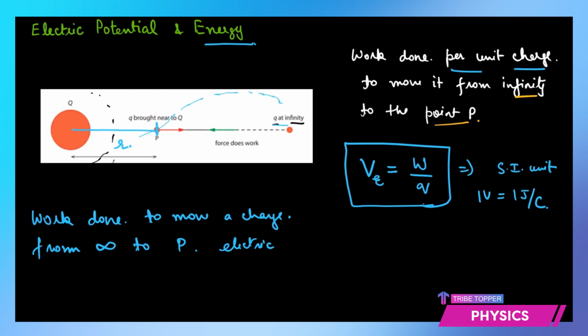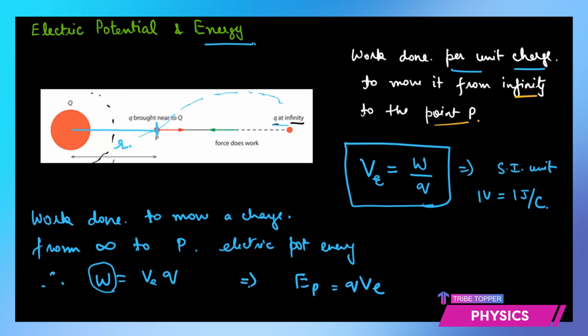That work done gets stored as electric potential energy. So therefore, from this expression, we get W, which is V_E times q, and we know the work done gets stored as electric potential energy. So E_P, the electric potential energy, is q times V_E.